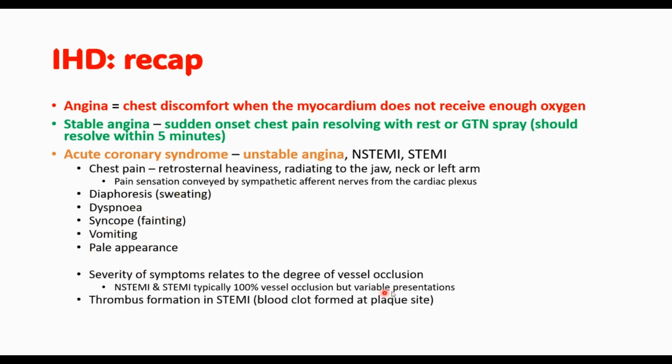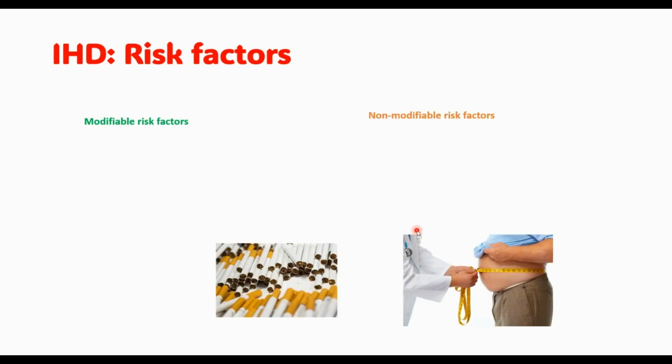We're also going to talk about the degree of vessel occlusion related to the severity of the symptoms, and I've got some good tables which explain this for stable angina and unstable angina. Okay, let's move on.